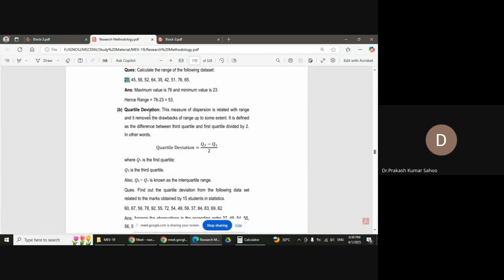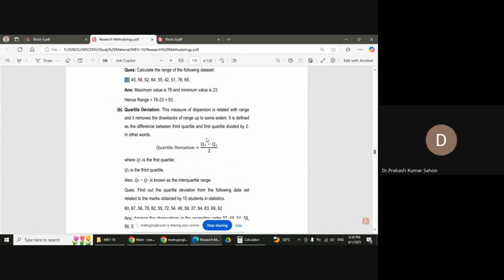Here comes the quartile deviation. I have just pointed out that quartile deviation is just the division of your set of data into four quartiles. If I have 20 data points, then the four quartiles will be 1 to 5, 6 to 10, 11 to 15, and 16 to 20.